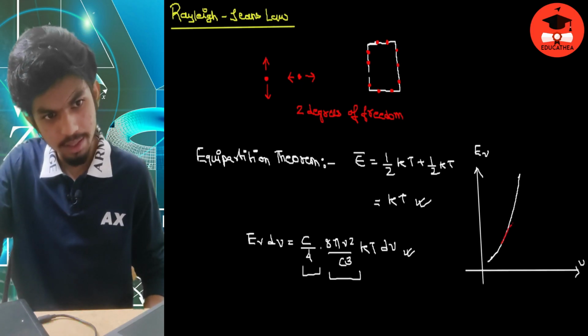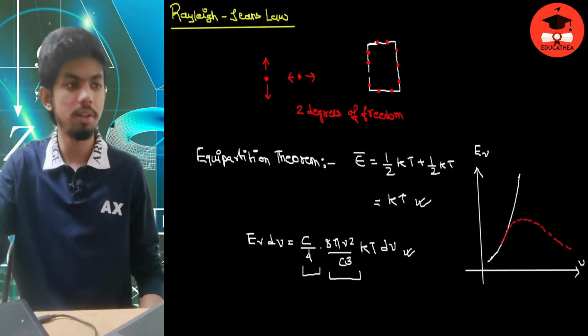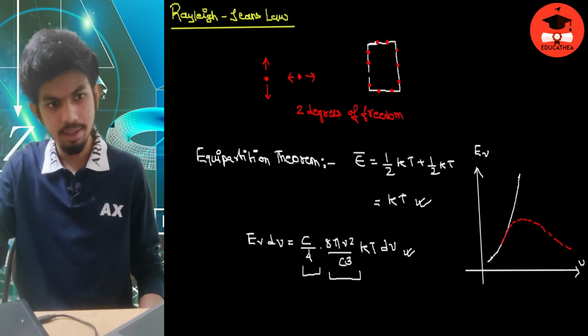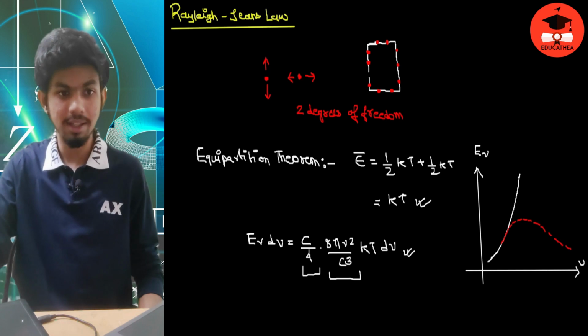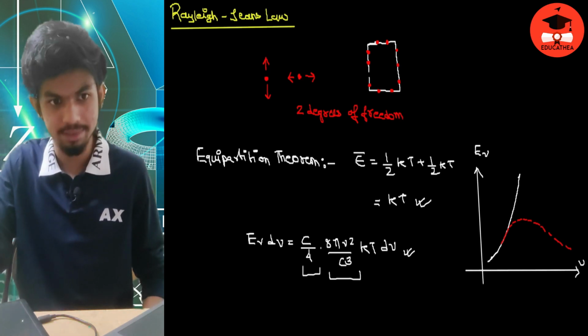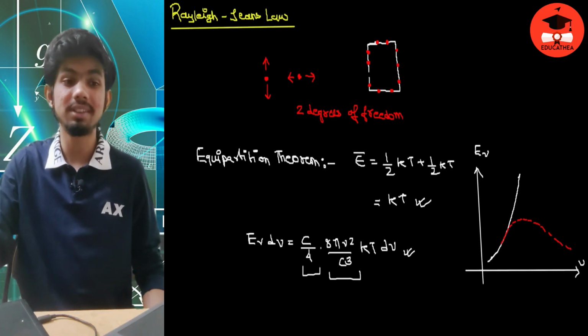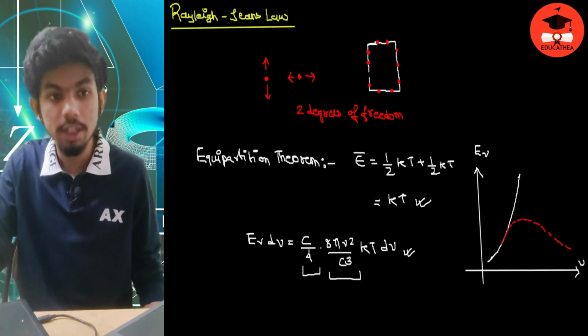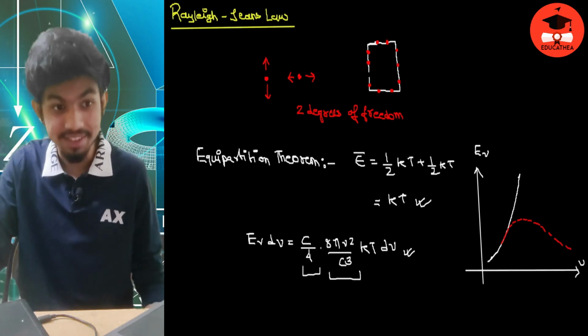It looks something like this. So here in the lower frequency range, in the IR range, the curve fits beautifully. But in the higher frequency range, in the UV range, the curve suffers a catastrophe. In fact, it says that if you keep on increasing frequency, energy will keep on increasing infinitely, indefinitely.